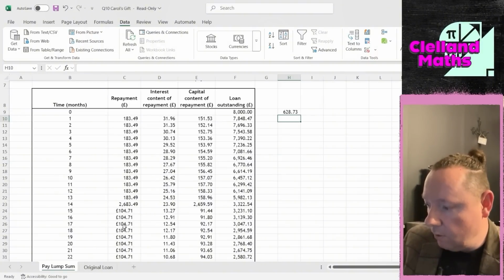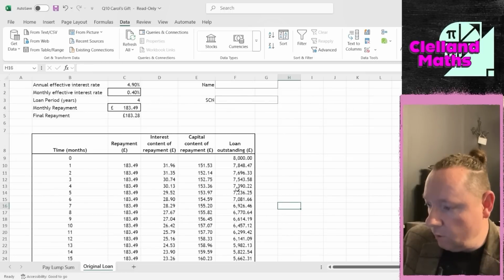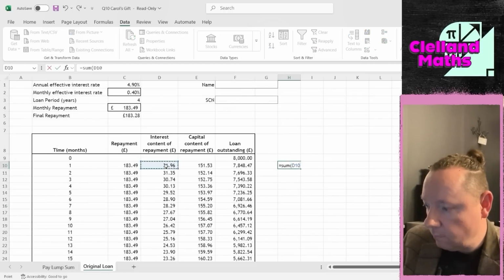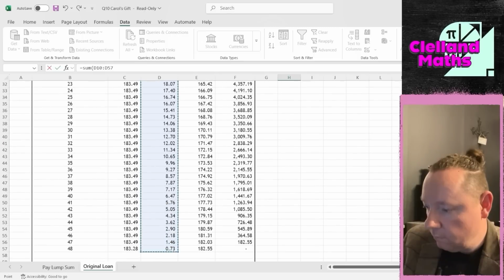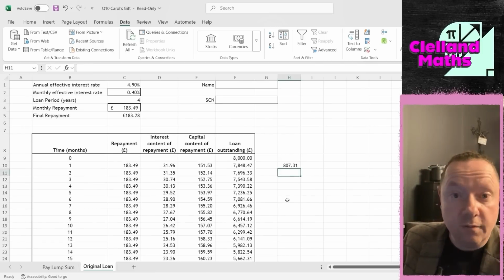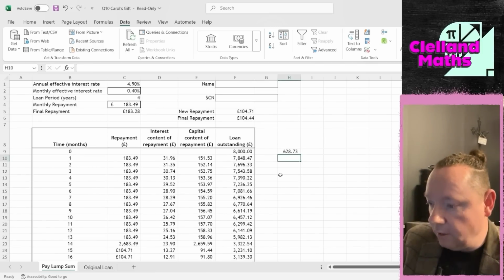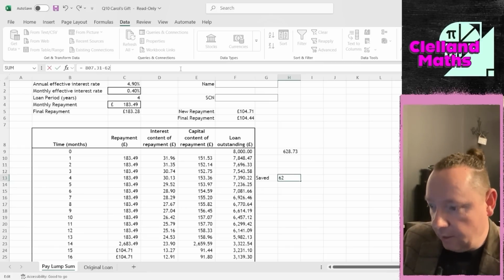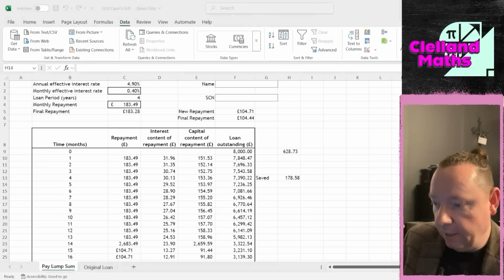And then on the original one, we want the sum of all the interest payments, which is £807.31. So our difference is £807.31 minus £628.73, 178.58 is the amount saved.